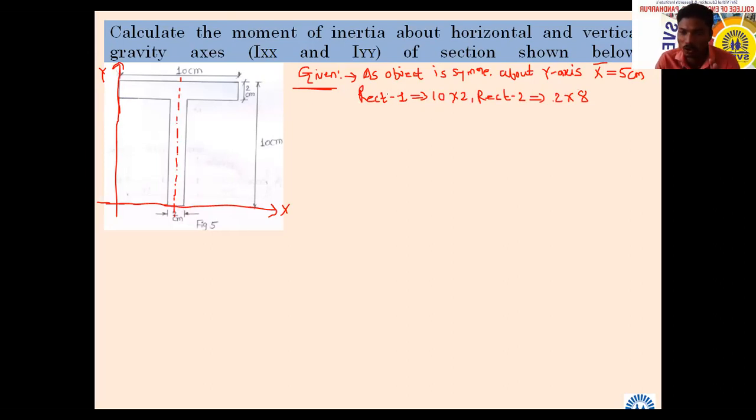So now for this standard geometry, what do I have to find? First one is a1, then x1 and y1. What is a1? For rectangle 1, what is a1? 20. Area of standard geometry 1 will be 20 centimeter square.